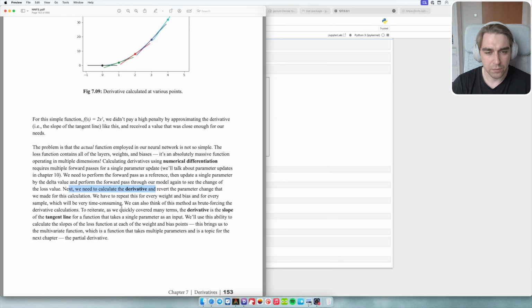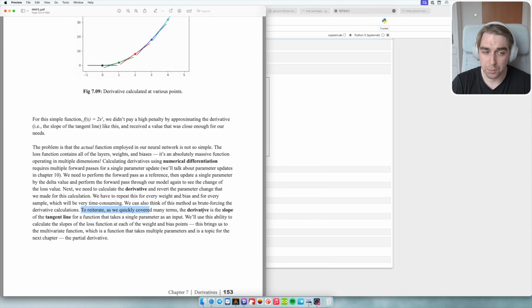We can also think of this method as brute forcing the derivative calculation. To reiterate, as we quickly covered many terms, the derivative is the slope of the tangent line for a function that takes a single parameter as an input.